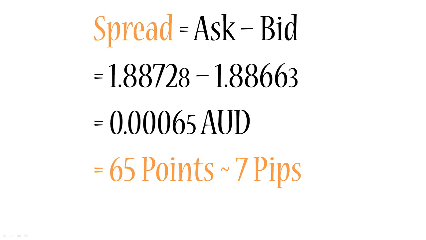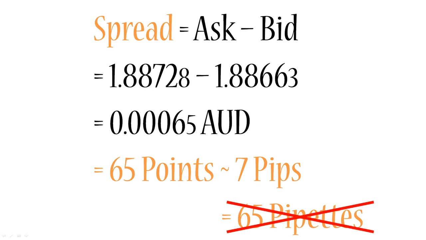So this spread is approximately 7 pips, and you can also say that this spread is 65 pipettes. I would advise you not to use the word pipettes because not many people understand you. Like I never use it, nobody ever uses it. It's a very new term, or very low use term, and just sounds funny to be honest. So just stick with points and pips.